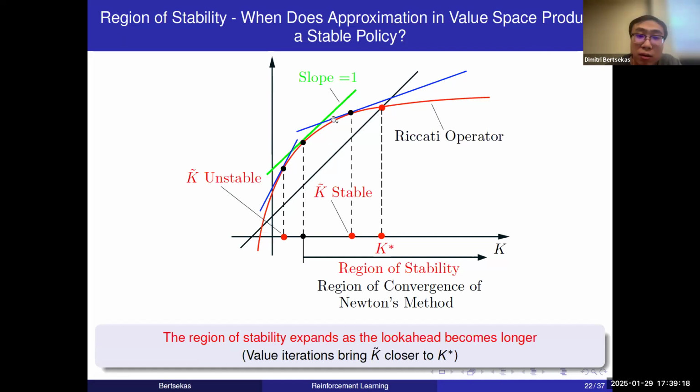In this case, the resulting two-step look ahead policy is stable. Therefore, with a different number of look ahead steps, the region of stability is different, and the region of stability expands as the look ahead steps increase. So this is one of the reasons that we want to use as long look ahead steps as possible.